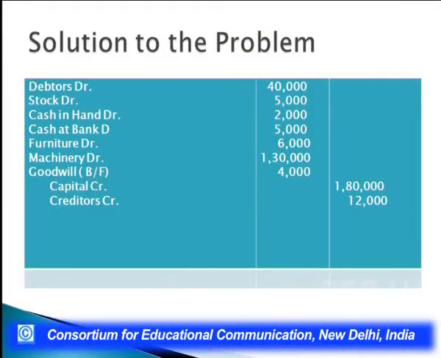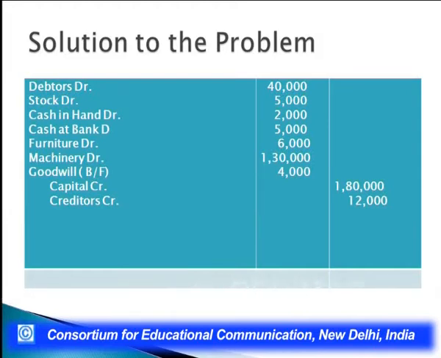I hope you noted down the values. So if you look at the solution, we are debiting debtors. Why? Because debtors were given for 40,000 and they are assets, right? So as I said, as a rule of opening entry, debit all assets and credit all liabilities. This is what I said. Okay, so debtors of 40,000 being given in the question would be debited.